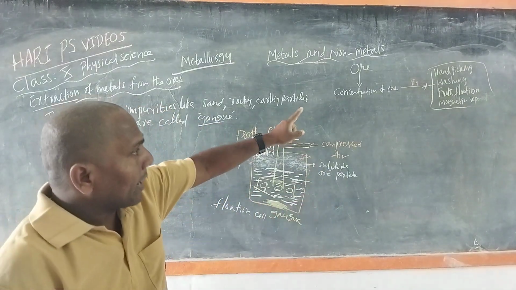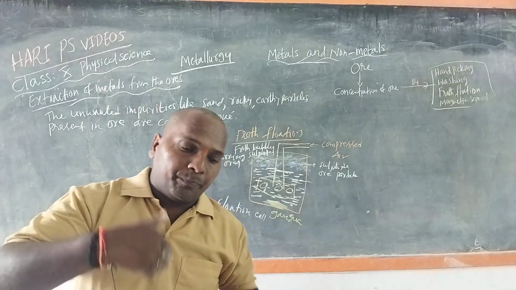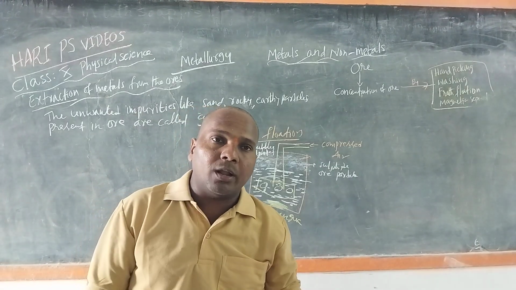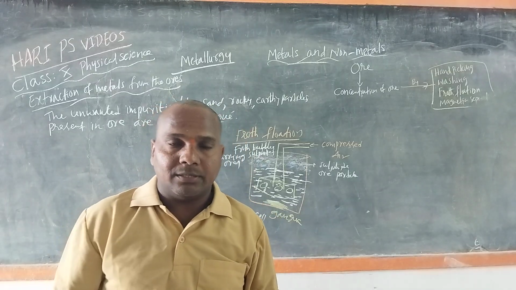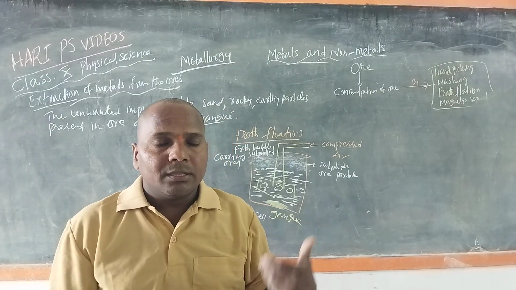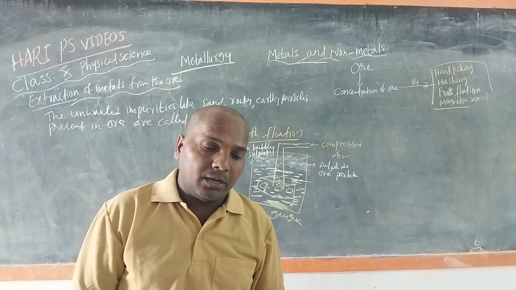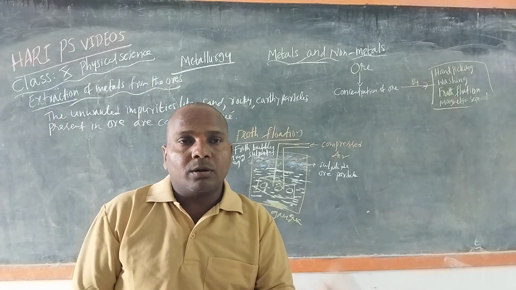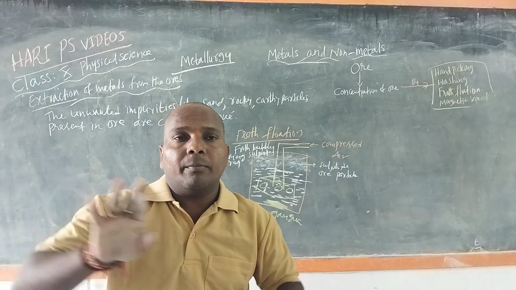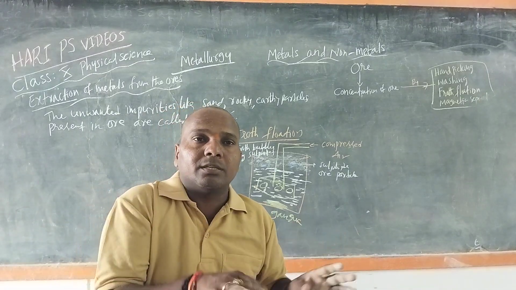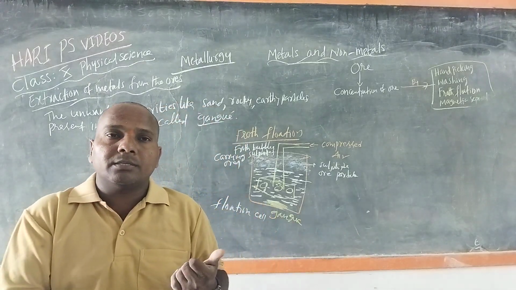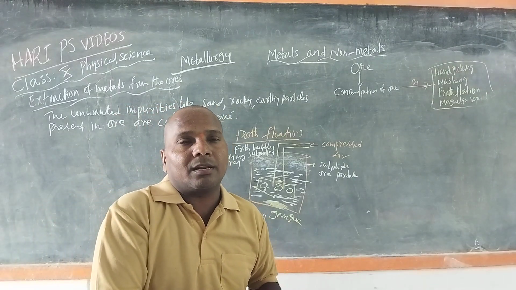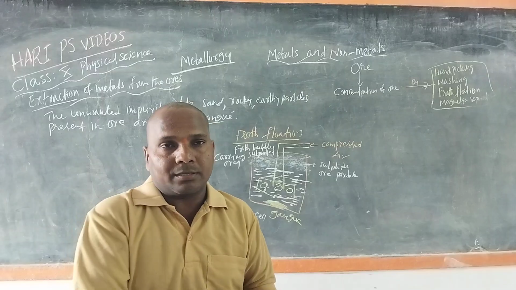Then the other one is magnetic separation. If the ore or the impurity, or one of them, is a magnetic substance, then by using magnets, the magnetic substances are attracted towards the magnet. So any magnetic substance impurities are removed by the magnets.